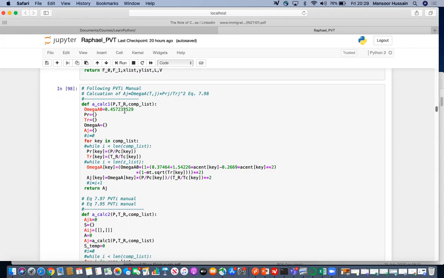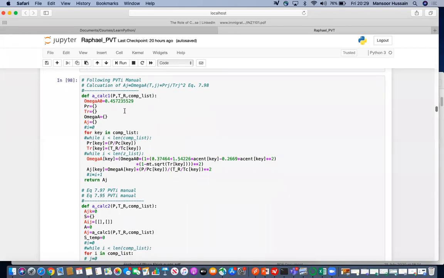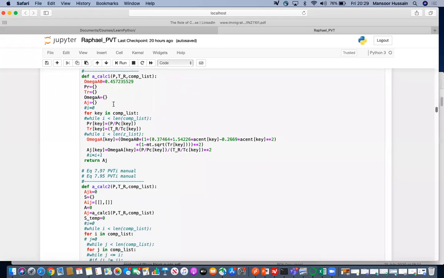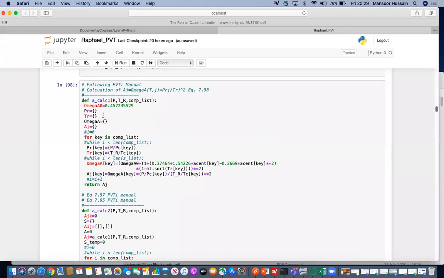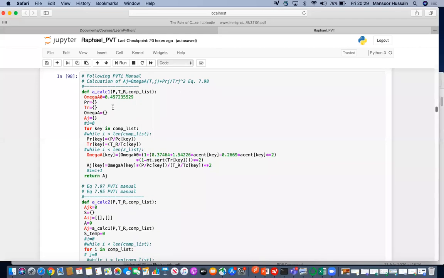It requires various parameters, which I call A, or in fact, they're called A's and B's. What you notice is that omega A0 is sometimes treated as a regression parameter, but here I'm not.